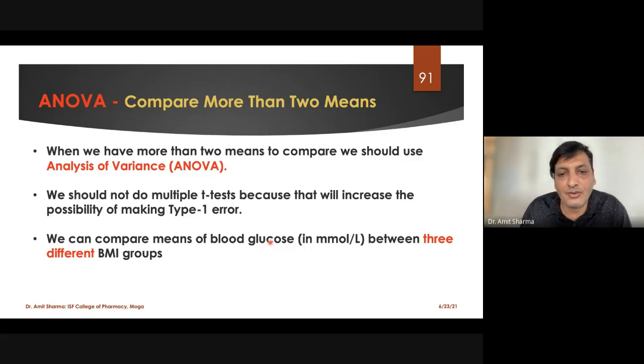Otherwise, we'll go for the alternative test called the Kruskal-Wallis test. For example, if we have a bell-shaped curve for this plasma glucose level, then we are sure that we can go for ANOVA. If we have not got a bell-shaped curve, and we have skewness in our data, either positive or negative, then we are not eligible for ANOVA. We have to go for the test called Kruskal-Wallis.